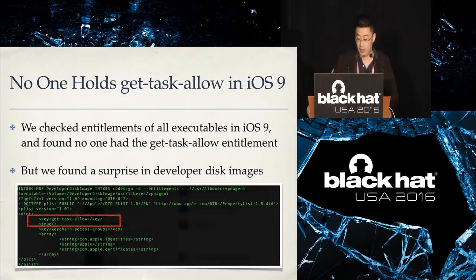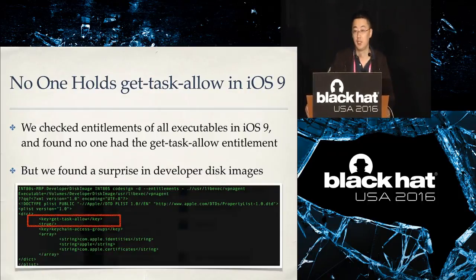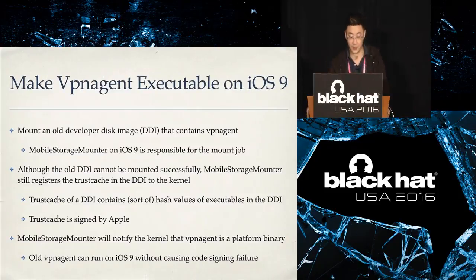Unfortunately, on iOS 9, no program has this entitlement. So it's very bad. But we found a surprise in the developer disk images. In a very old version of the DDI, we found a program called VPNAgent, which happens to have this entitlement.